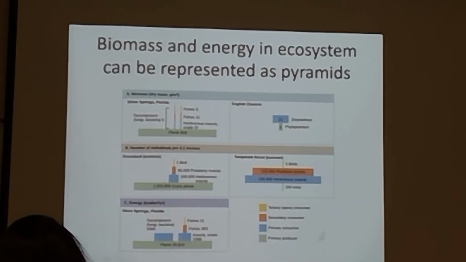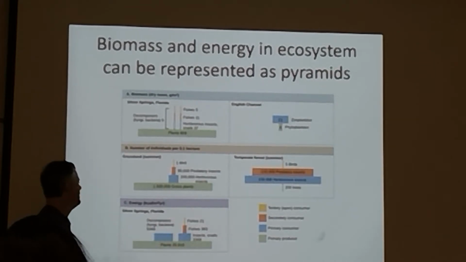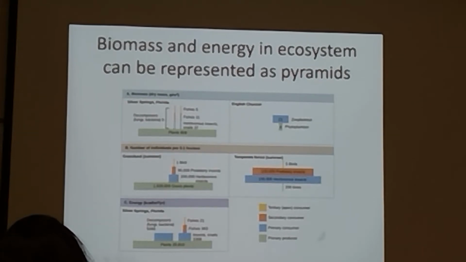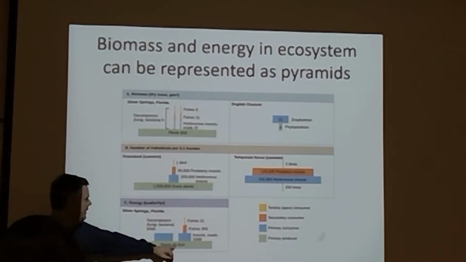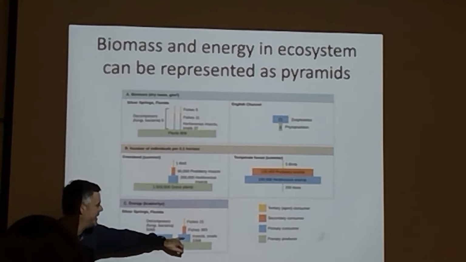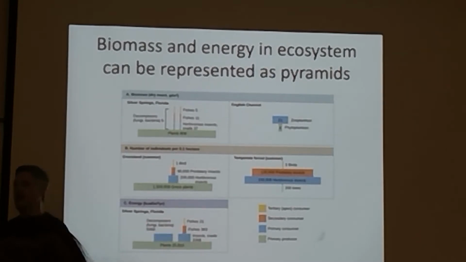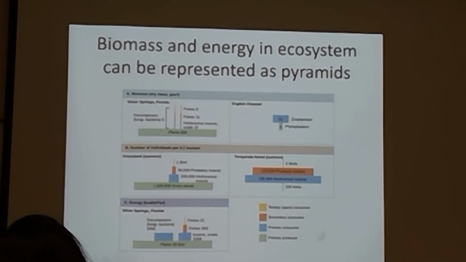And then up above them, carnivorous fish and predatory fish representing a grand total of 21 kilocalories per square meter per year. The idea is every time you've got insects eating plants, or fish eating insects, or fish eating fish, there's a net loss of energy as you move from one level of the pyramid up to the next level.